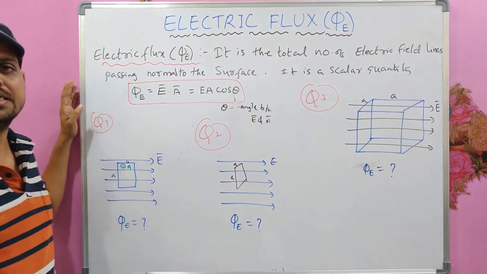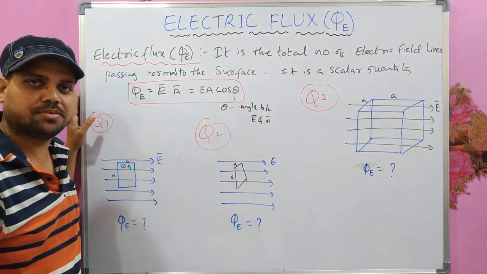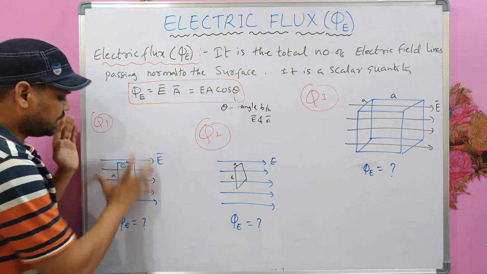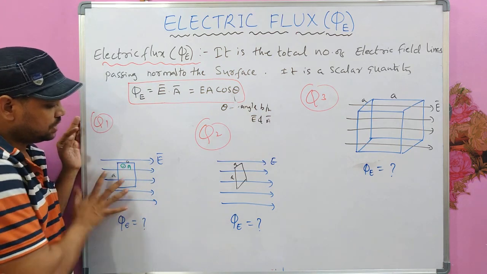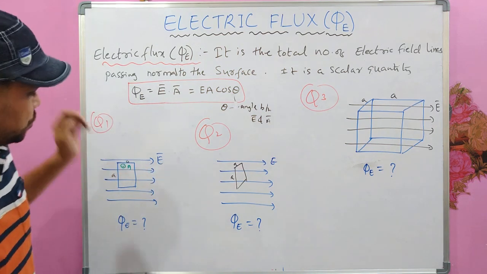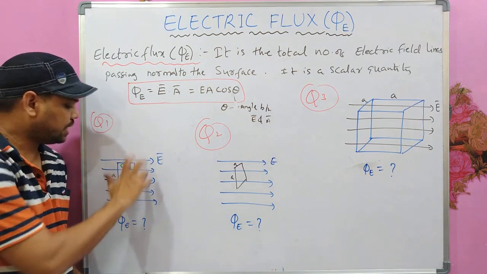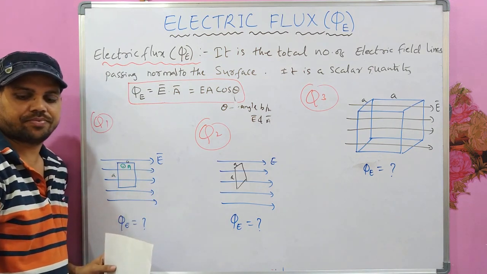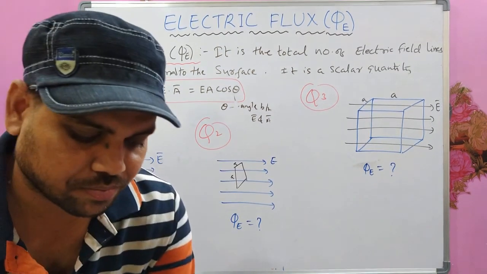So now we will see some problems based on electric flux. The question number 1 that I have taken is this: this is the electric field direction in which a 2D surface, a square shaped object, is placed in the electric field.